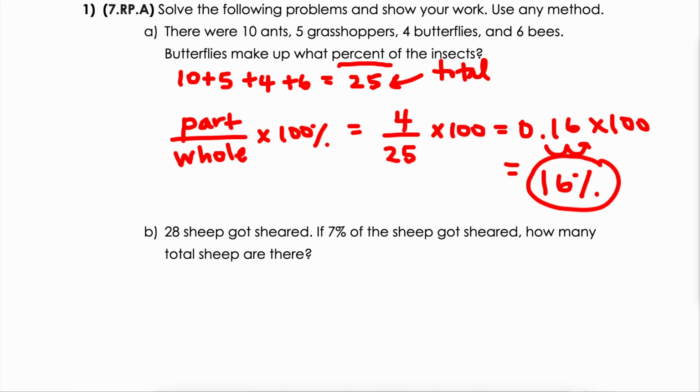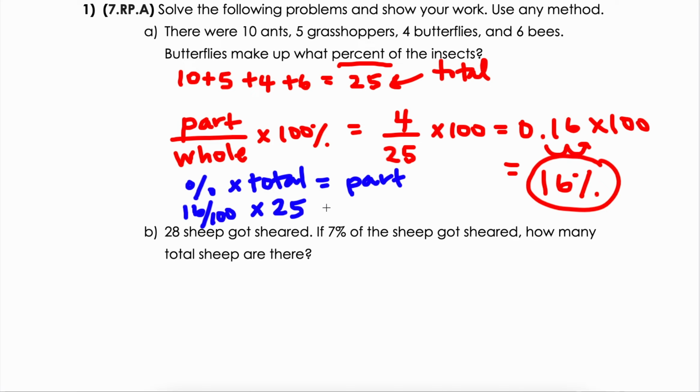I can check my answer by using the formula that percent times the total or original number will give me my part. So if my percent is 16 out of 100, multiplied by my total, 25, should get me the number of butterflies, 4.